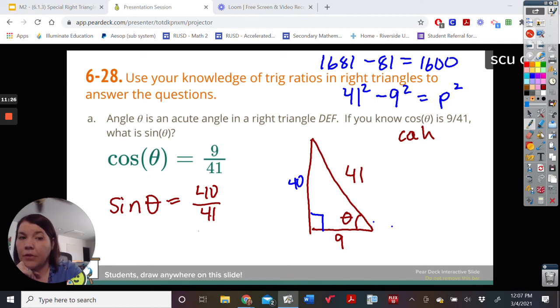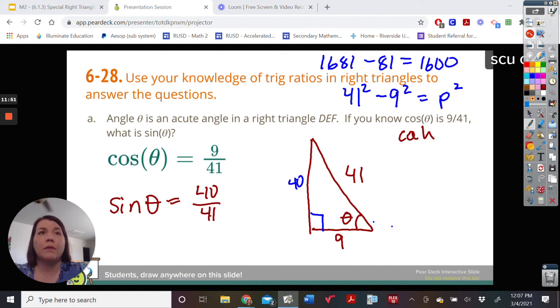Let's try it again. Oh, it's just walking us through it. Okay. All right. Never mind. So there's that. What do we know about the side lengths of DEF?